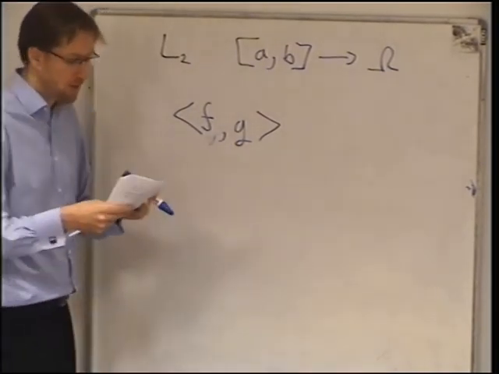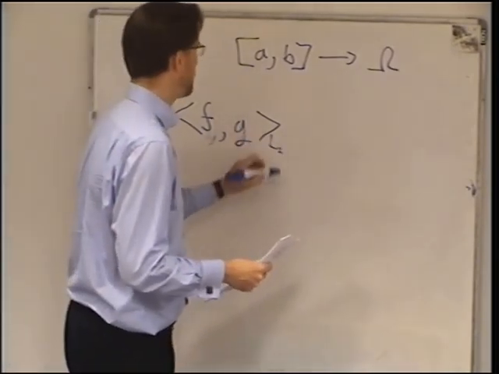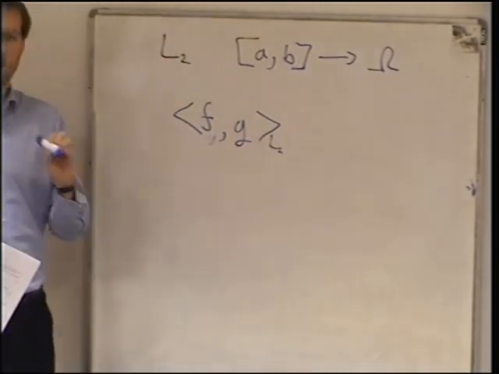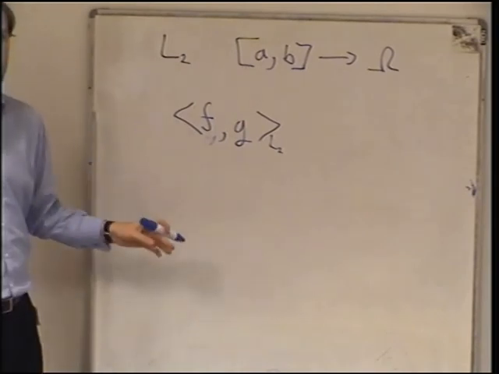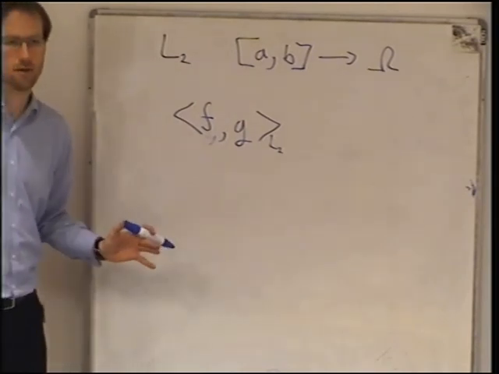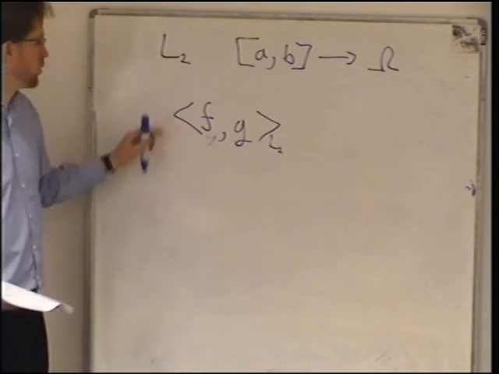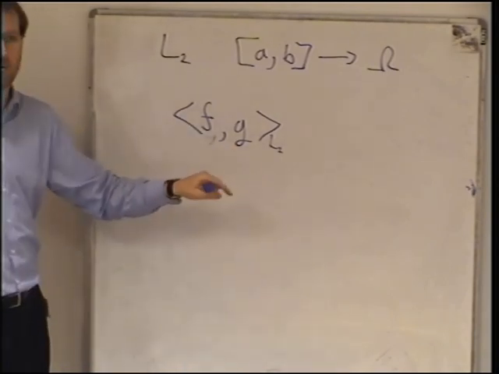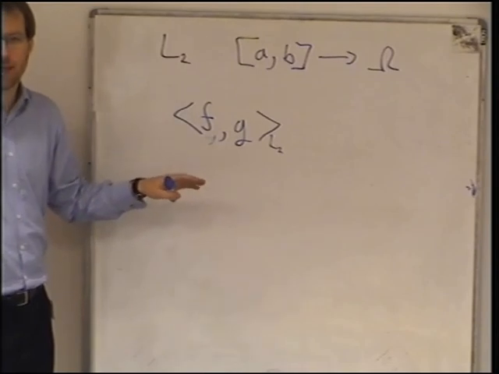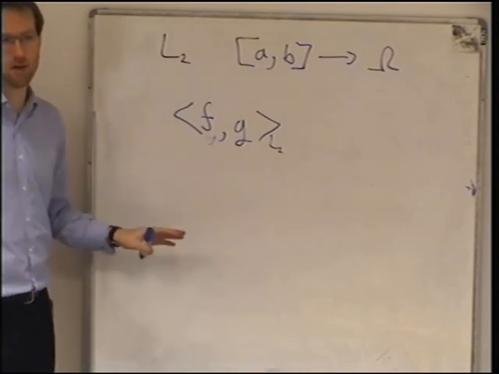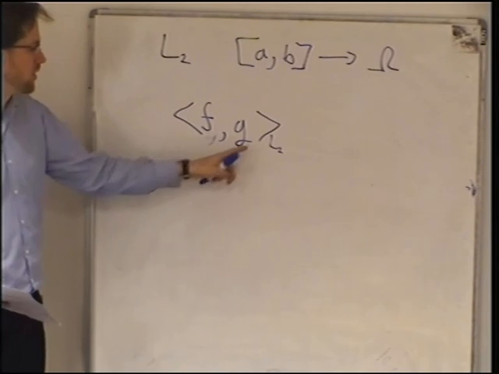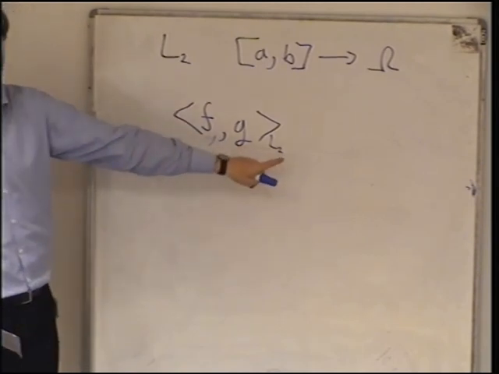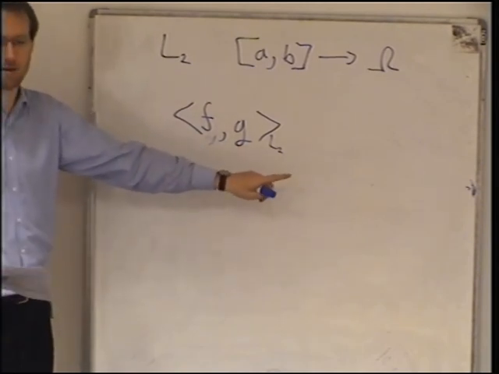So if I've got f and g, and I take the L2 inner product of them, often, if it's obvious which inner product we meant, because in the context we're in there could only be one that applied, we'll just write bars or angle brackets for whichever inner product applies. If we're in a circumstance where there's more than one inner product flying around and it matters, we'll write as a subscript which inner product we mean all the time.